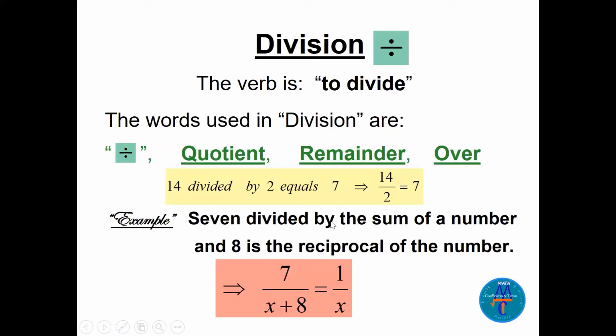So let's see again. 7 divided by, so I write 7 and then division, you see? 7 divided by what? By the sum. When I see the word sum, it means there is a plus and there are 2 numbers. See, the sum of something and something.